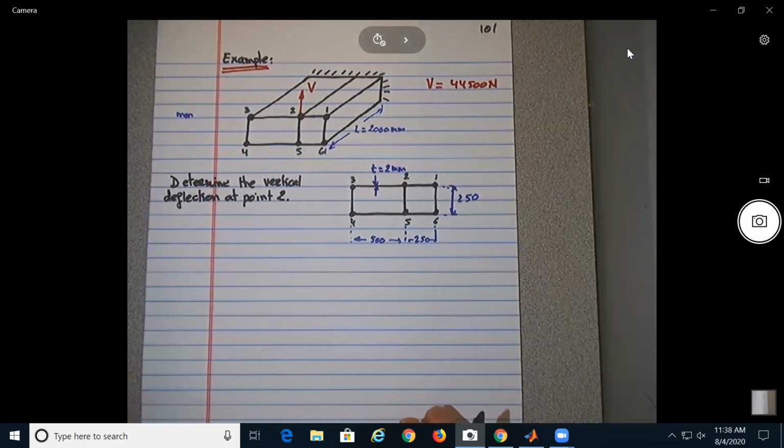Okay, so let's first write down the main equation we need to use, and then we can figure out what we need.